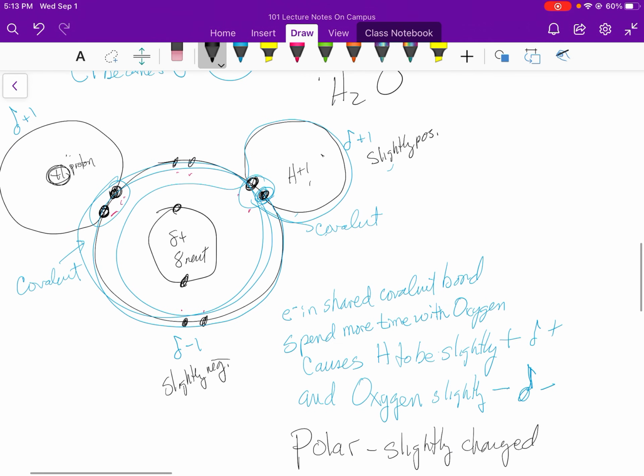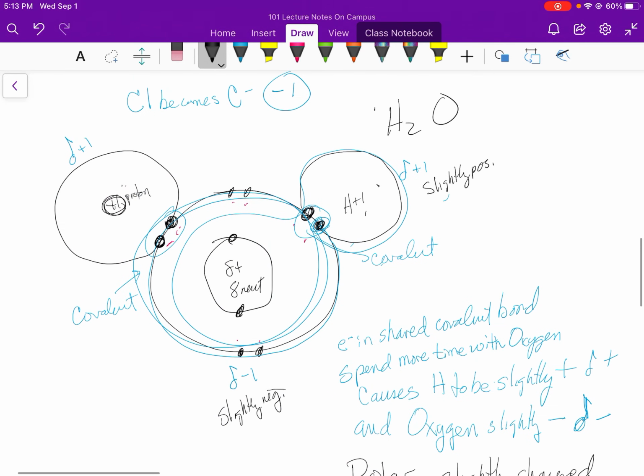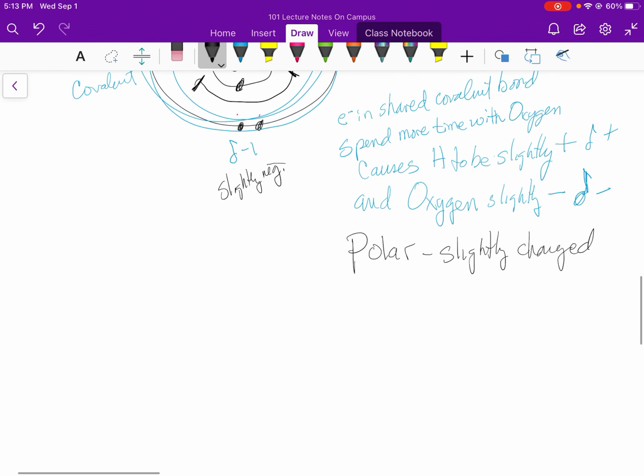Okay, and if you want to think about it this way, if you look at this little structure, it does kind of look like a happy little bear that I like to call the polar bear molecule. As a result of the polarness of the molecule, if you draw molecules that are water, we often draw them schematically like this, and we make these little ends positive and the chin negative.